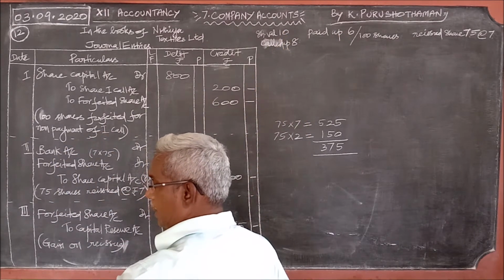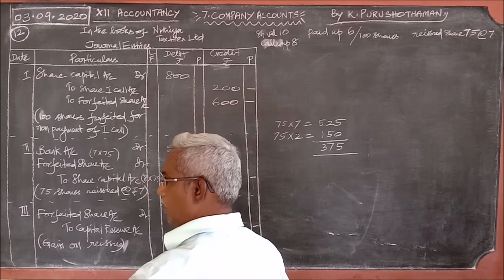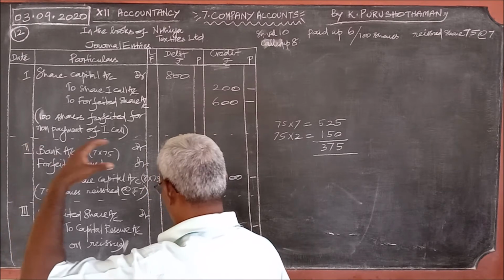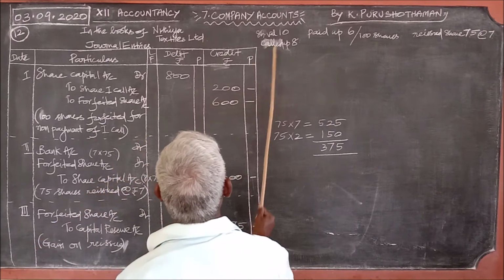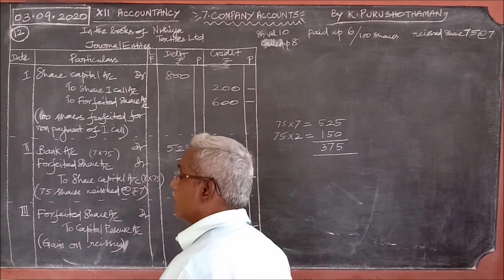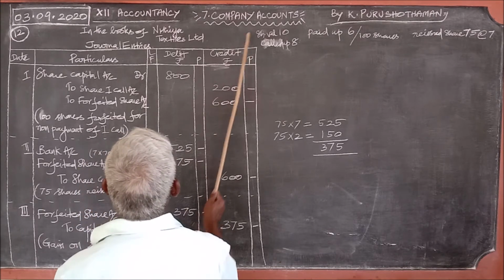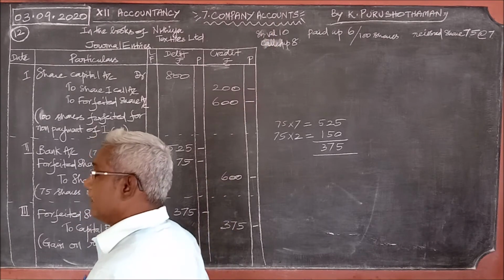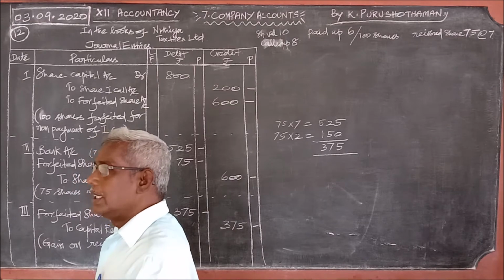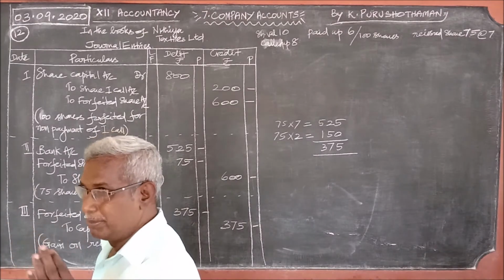How is this 6 paid? In the name of application and allotment, and the remaining 2 rupees of the called 8 must be the first call, because the total value is 10 and the remaining 2 rupees may be the final call. You should remember.